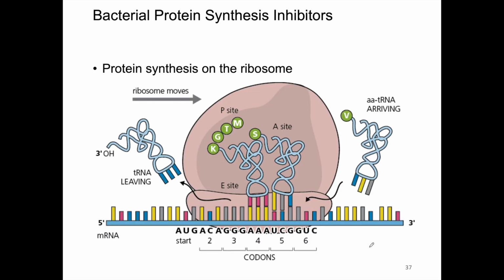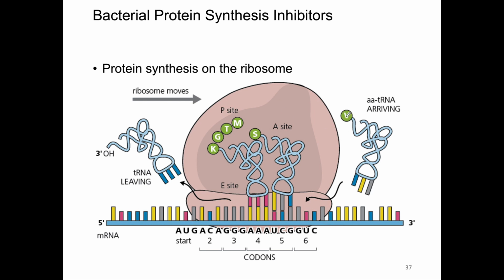Next, we're going to look at bacterial protein synthesis inhibitors. So this is a cartoon representation of what the ribosome is. It's the large purple-like blob responsible for binding an mRNA molecule at the bottom, which encodes for a particular protein.